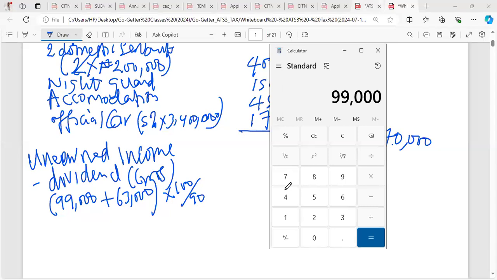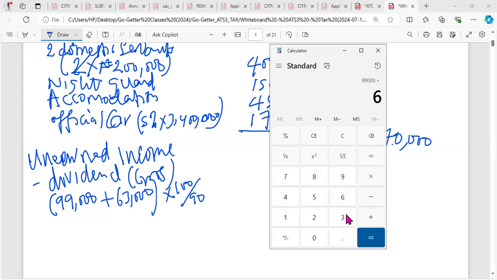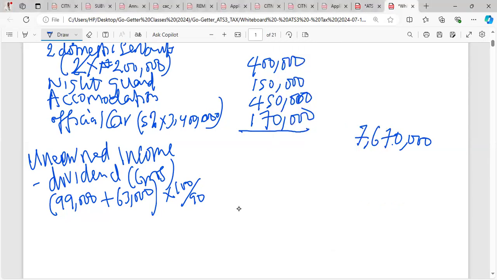All of them are given to you in net. You gross them up by multiplying by 100 divided by 90. Now it gives me 180,000. And that's the gross here.